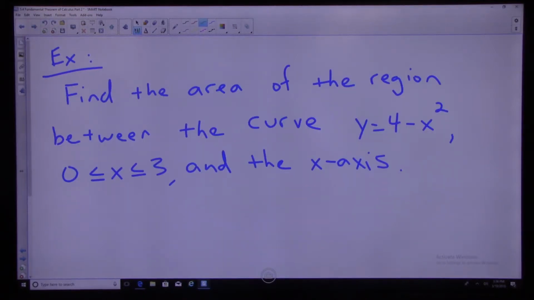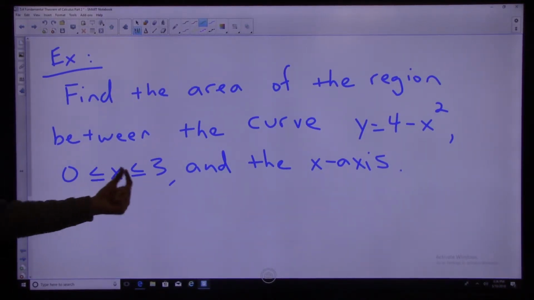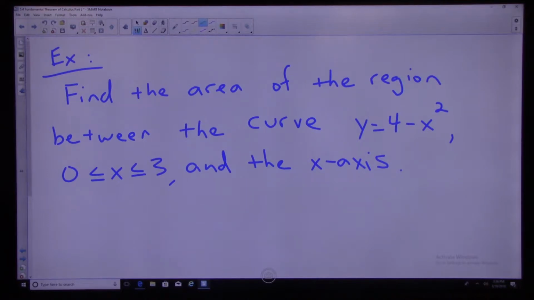Alright, last one. This will be the last example I get to in this video. Let's talk about this right here. So we're going to find the area of the region between the curve y equals 4 minus x squared, the interval from 0 to 3, okay, we want x to be between 0 and 3, and the x-axis.